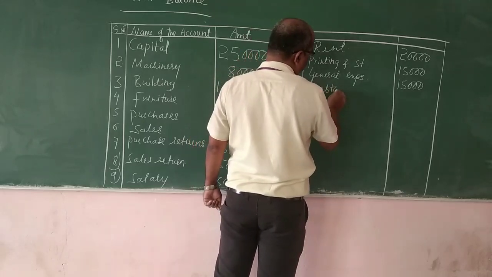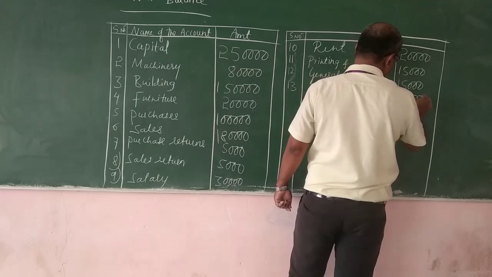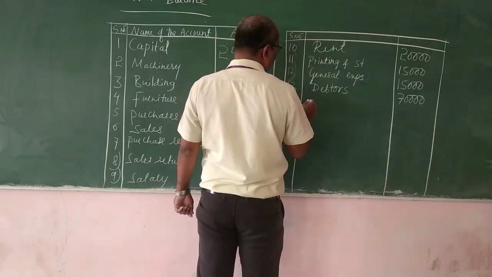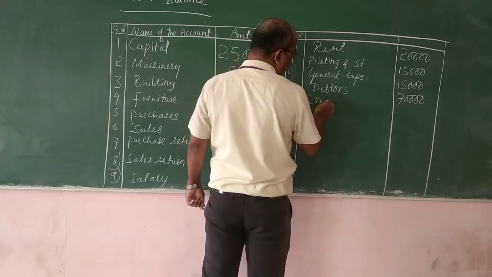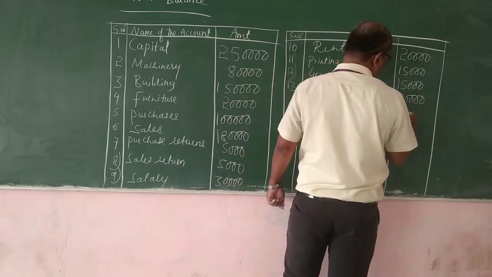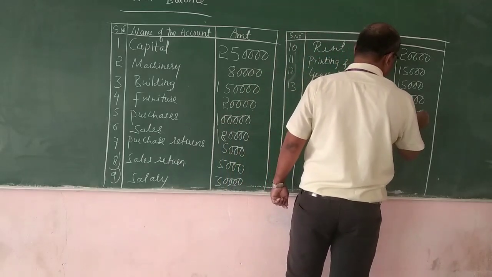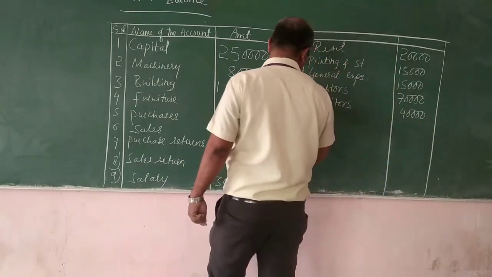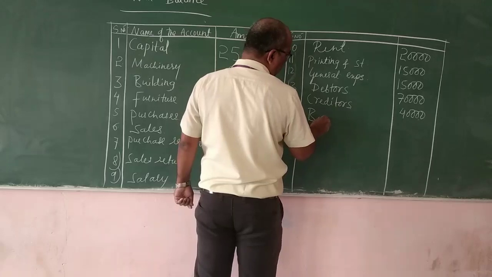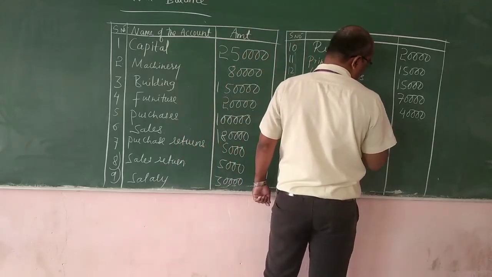Debtors 70,000. Creditors 40,000. Bank loan 30,000.